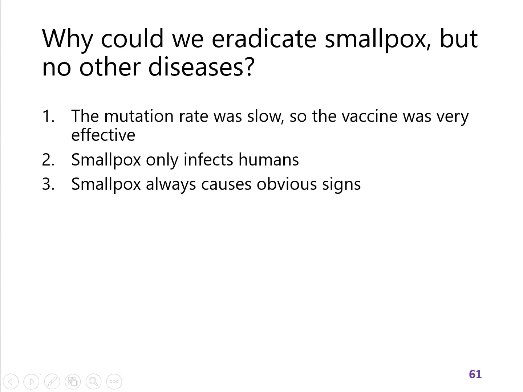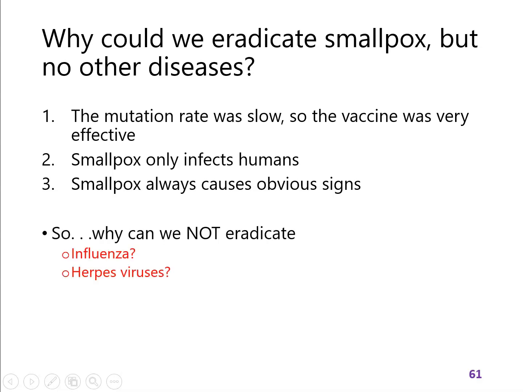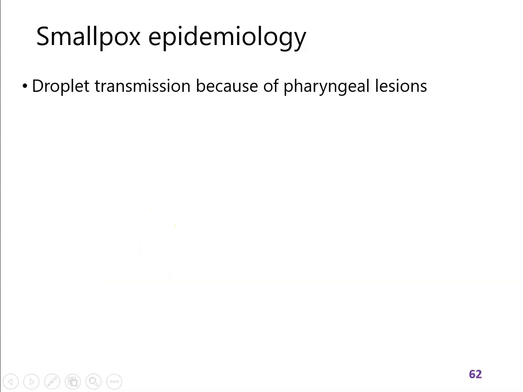So it's easy to avoid getting smallpox, because if you stay away from people who are covered with pox, or people who are lying down and very sick, you're not going to get it. So as we look later at influenza in detail, or you can actually answer some of this now, and as we look through the herpes viruses, think about why we cannot eradicate them, and you'll see some of these things would be different.